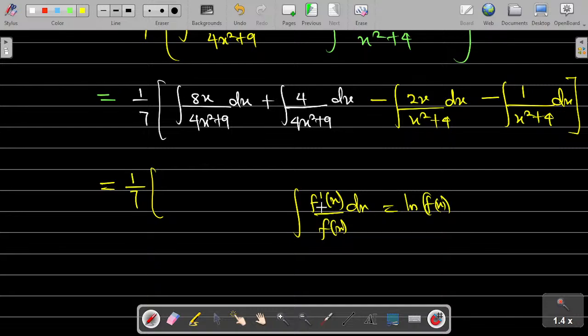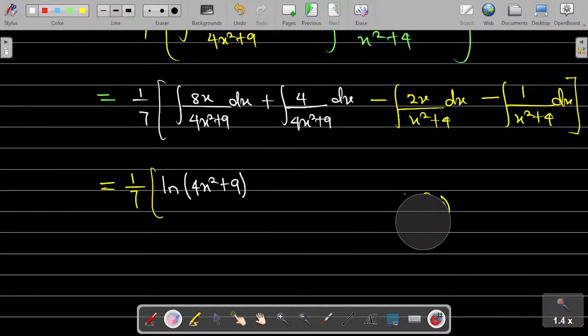If I have the integral of a fraction, and I discover that the numerator is simply the derivative of the denominator, all I need to do is to state that that integral is equal to the ln of the denominator, that's natural log. And you see that that happened here, that if you differentiate 4x squared plus 9, you will get 8x. Therefore, you are done. So the whole of that is the natural log of 4x squared plus 9. So we are done with the first one.